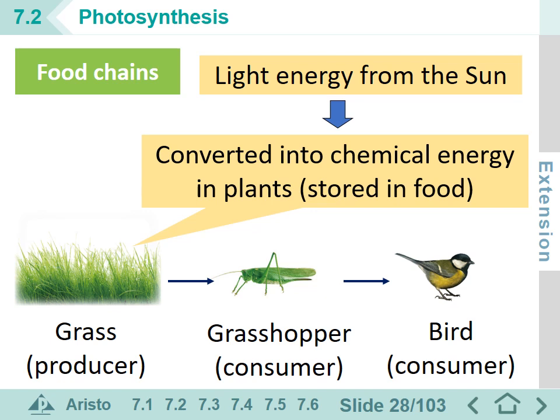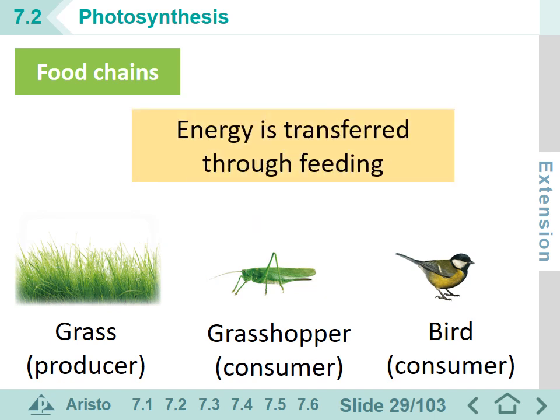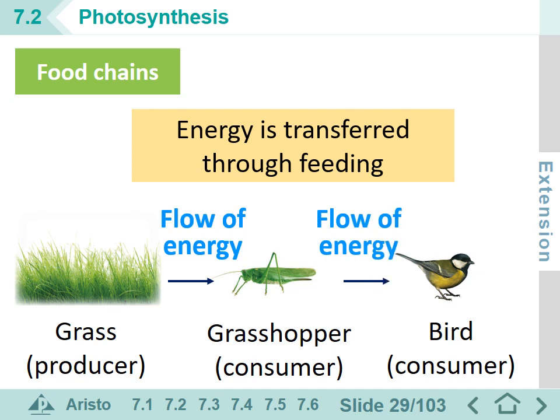The grass converts the light energy from the sun to chemical energy in the food through photosynthesis. And then the consumer eats the grass and absorbs energy. So the food chain starts from the producer. Energy is transferred through feeding. So here shows the flow of energy.